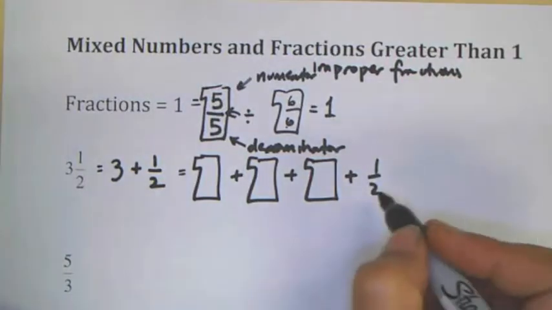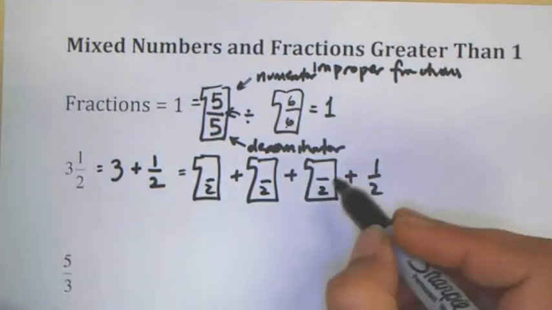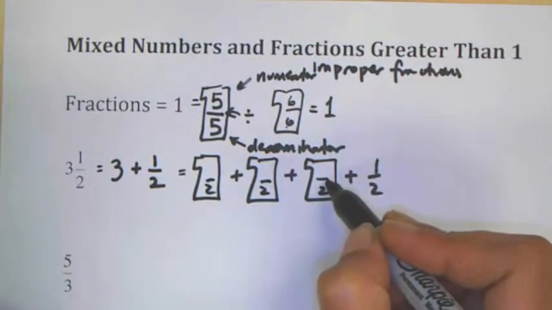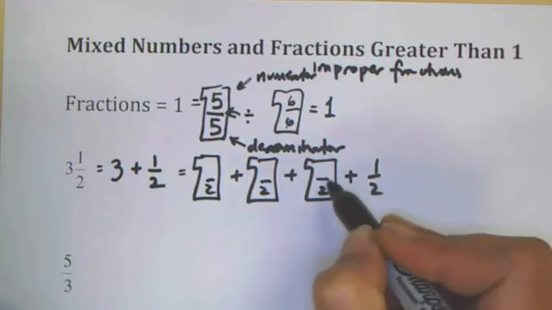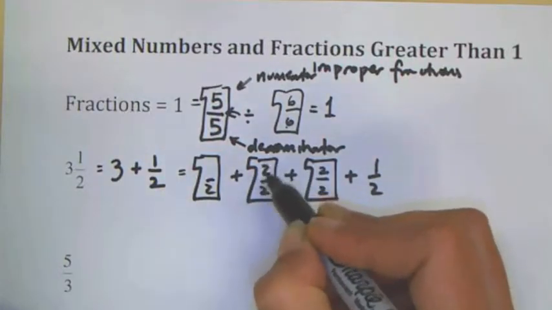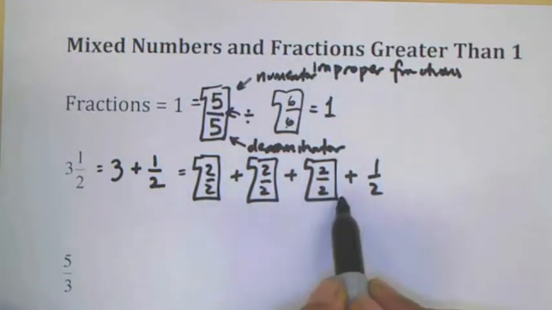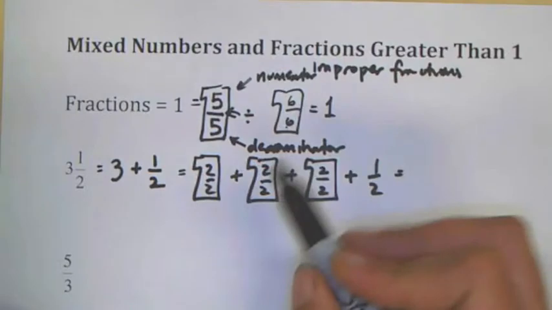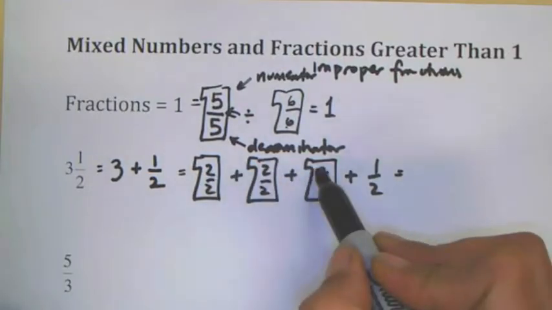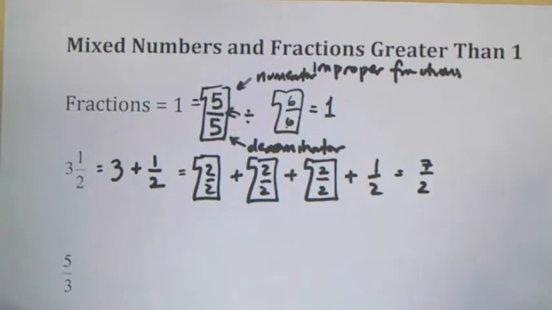And now we know that in order to add fractions, they all need to have the same denominator. So these wholes that I'm adding are all going to be fractions equal to 1, 2 divided by 2, 2 divided by 2, 2 divided by 2. In order to add, they all need to have the same denominator. So when I add, I have 2, 4, 6, 7 halves.